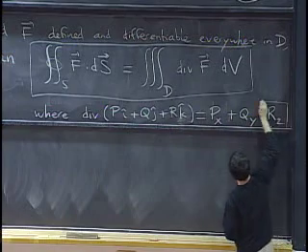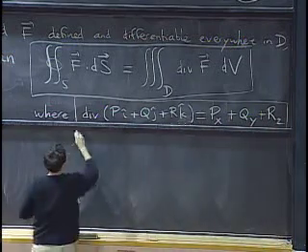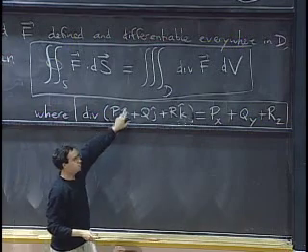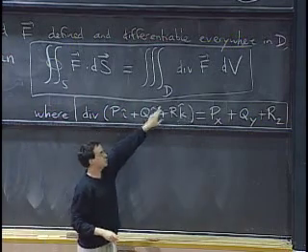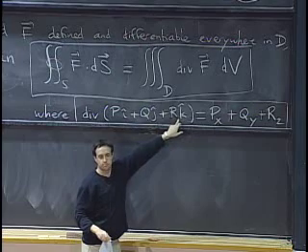Okay, so that's the definition. It's pretty easy to remember. You take the partial with respect to x of the x component, plus partial with respect to y of the y component, plus partial with respect to z of the z component.